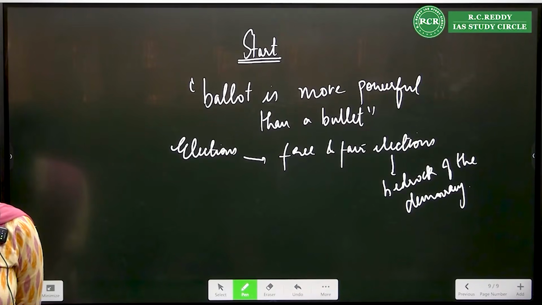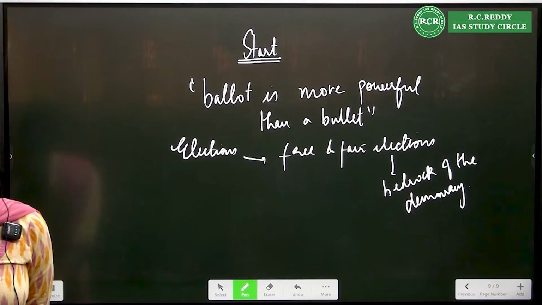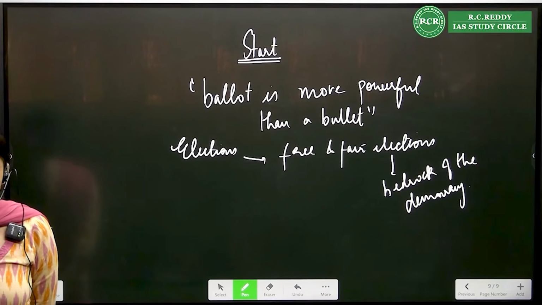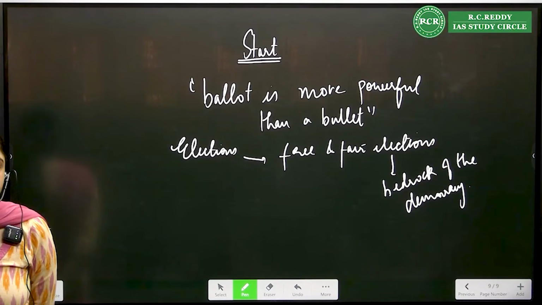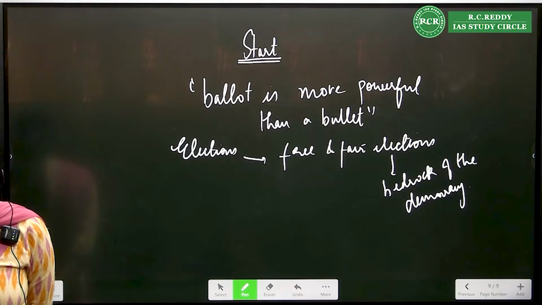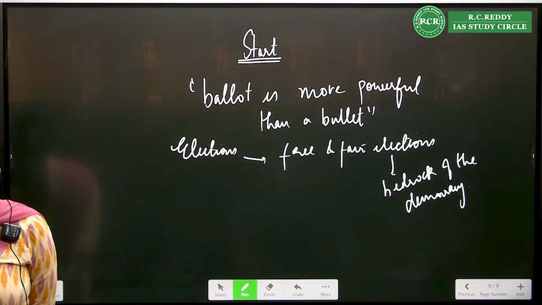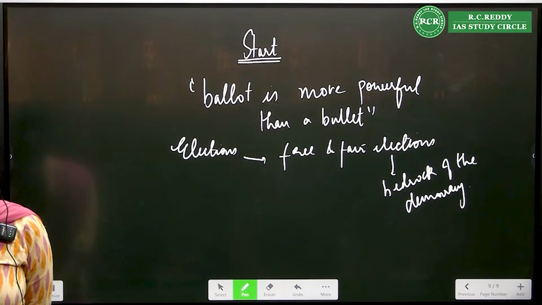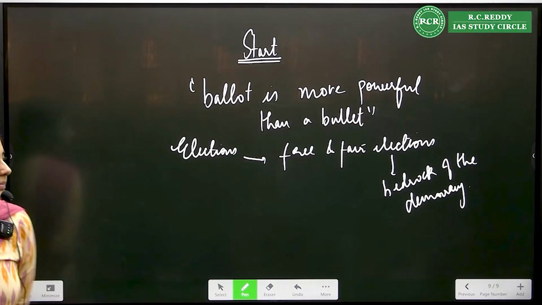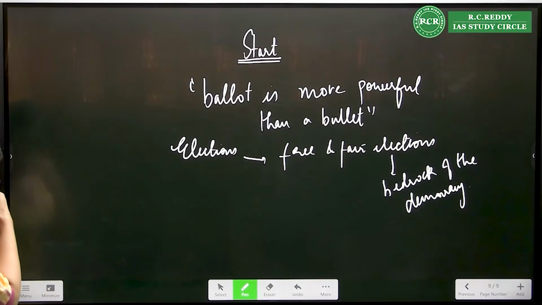This timeless idea captures the essence of democracy, that the true source of political power lies in the hands of people.